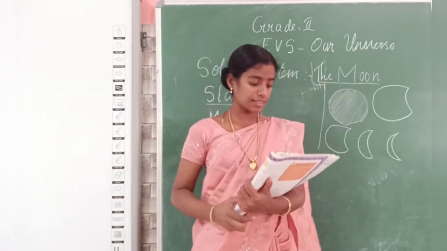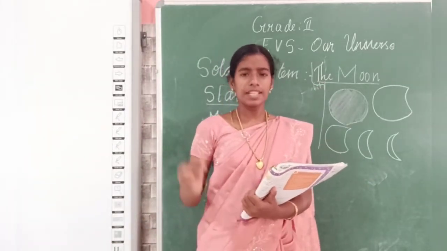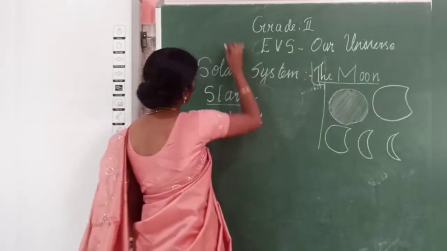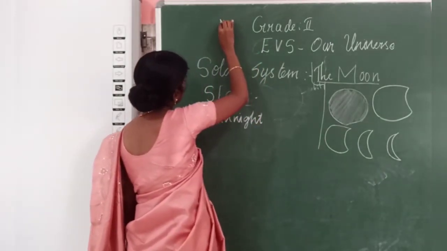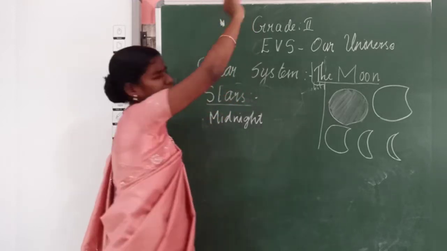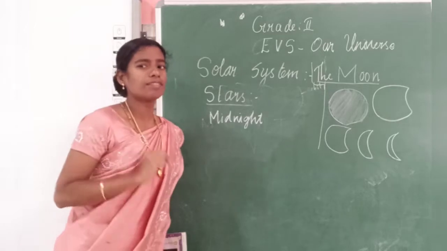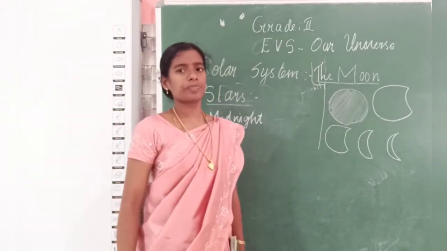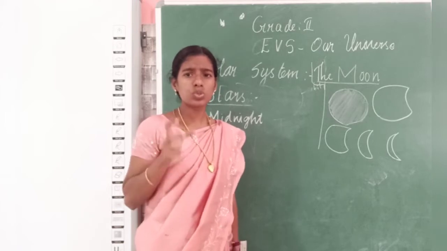Actually, what is a star? Tiny dots of light. We see stars as very small lights, right? They look like a dot. Many tiny dots of light are called stars. Whether the stars are too small?